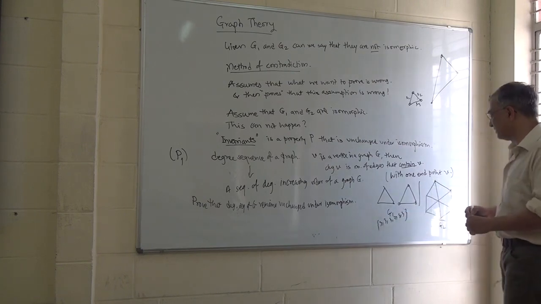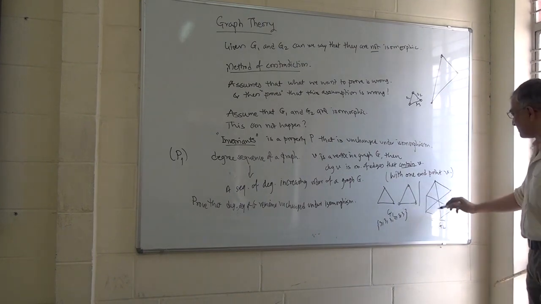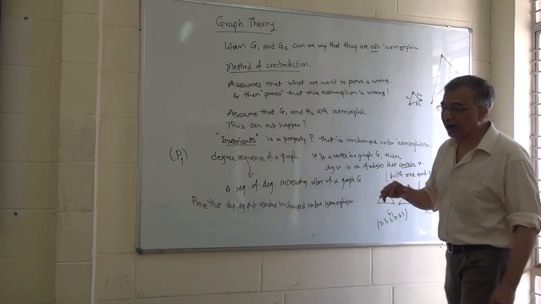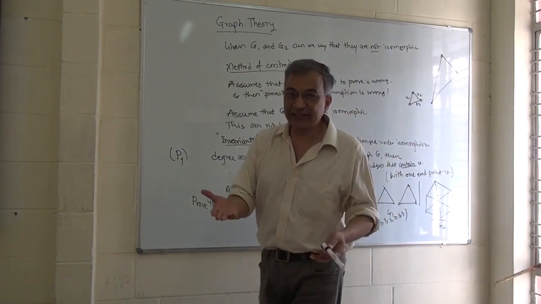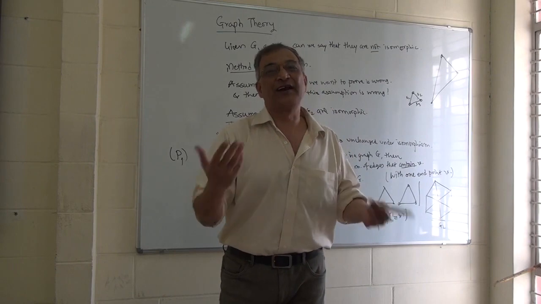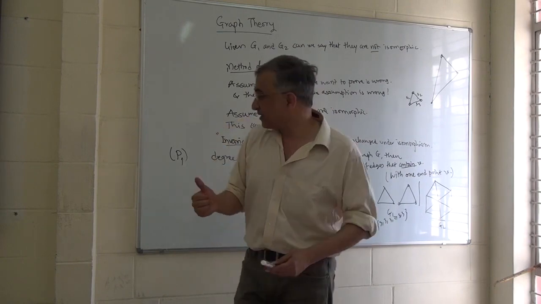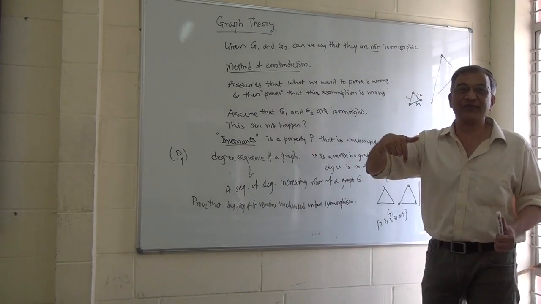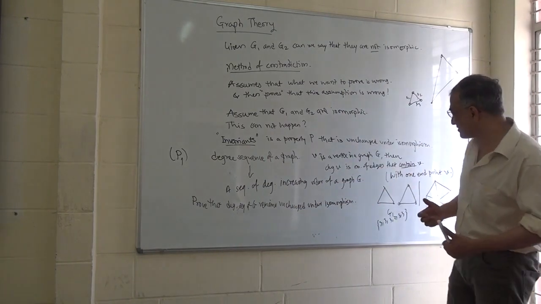Here also every vertex has degree 3. However, these two are still not isomorphic. So we cannot say that the degree sequences being the same means they are isomorphic. This is the logical statement: only if they are isomorphic will the degree sequence remain the same. The converse is not necessarily true.